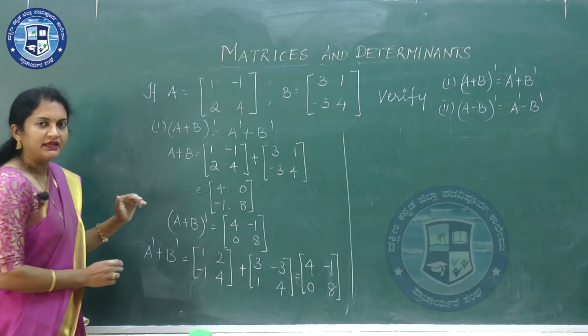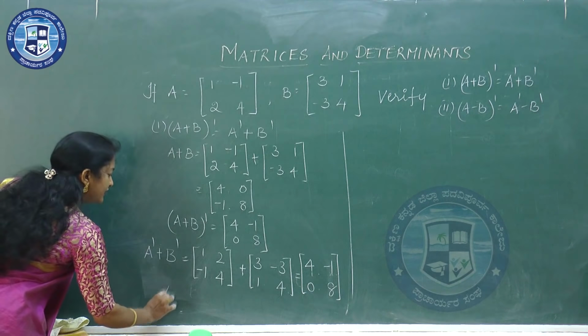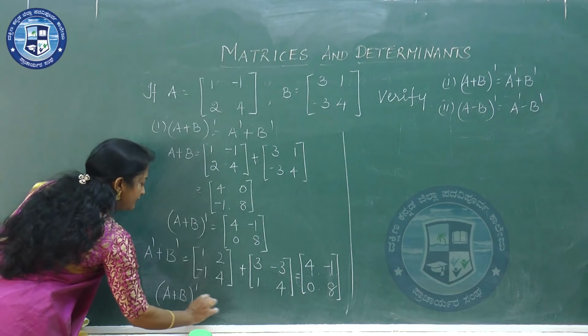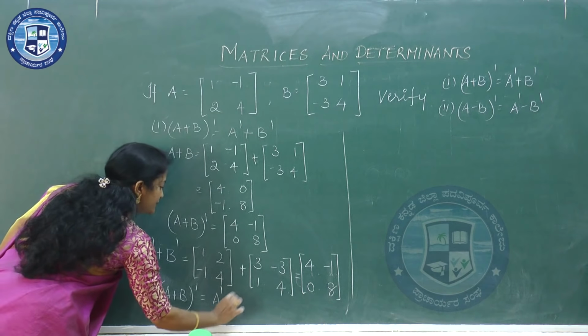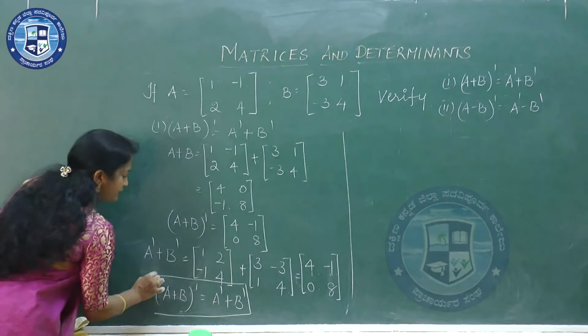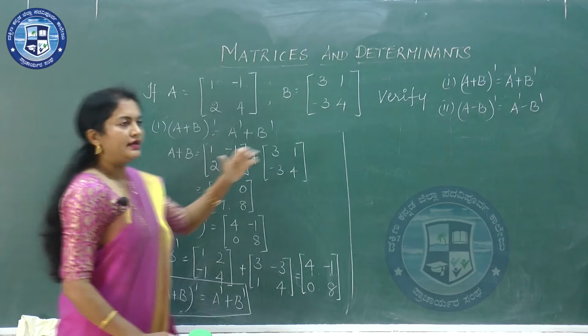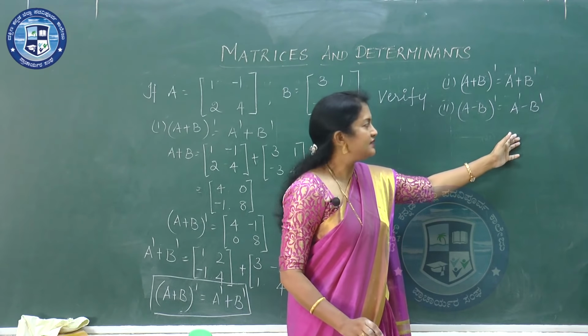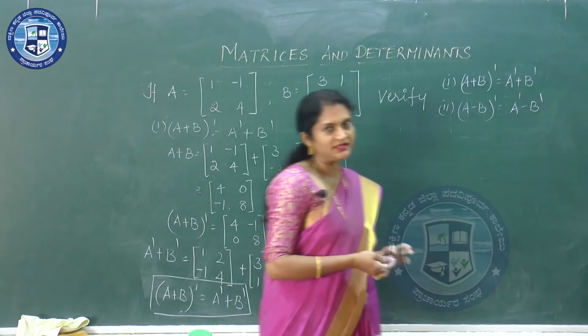So from this, we verified (A plus B) whole transpose equals A transpose plus B transpose. This is verified.